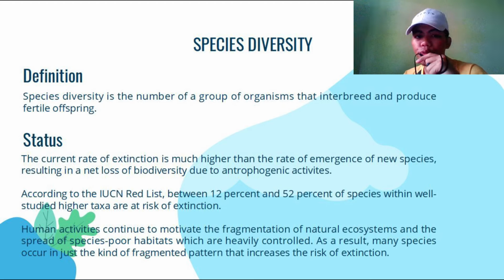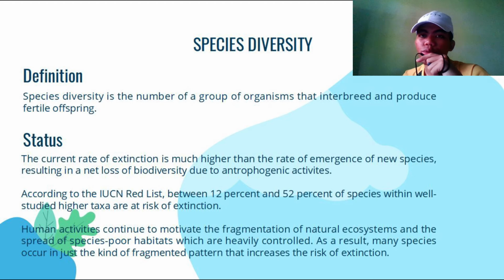According to the IUCN Red List, between 12% and 52% of species within well-studied higher taxa are at risk of extinction. Birds have the lowest percentage of threatened species at 12%, while cycads have a much higher percentage of threatened species with 52%.